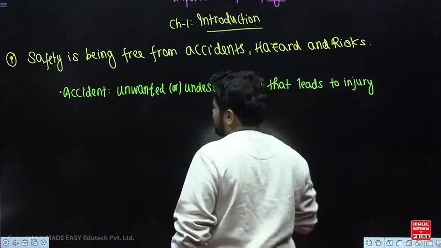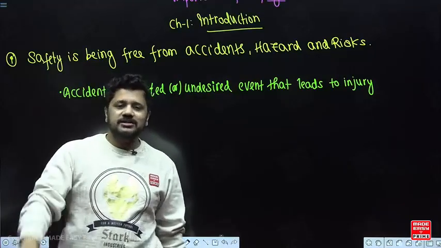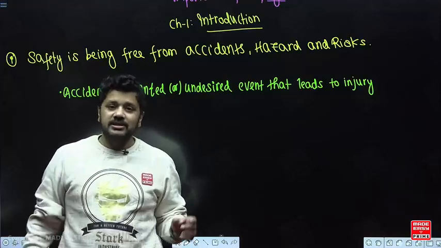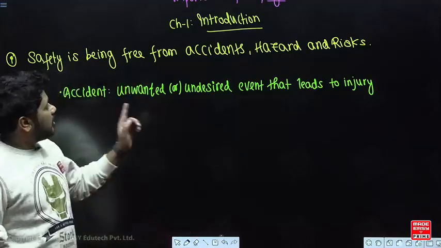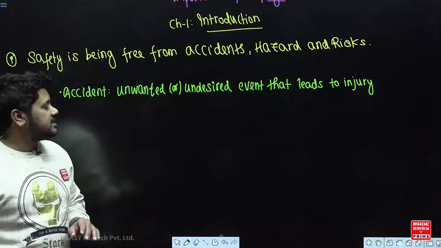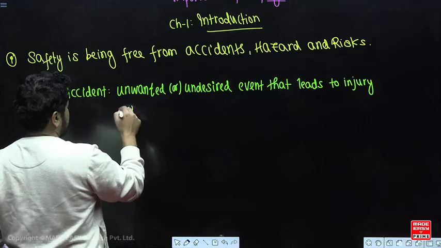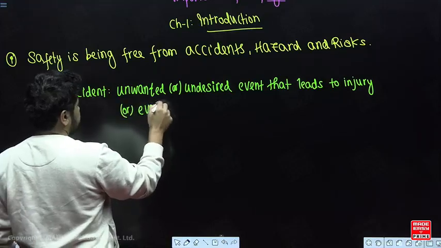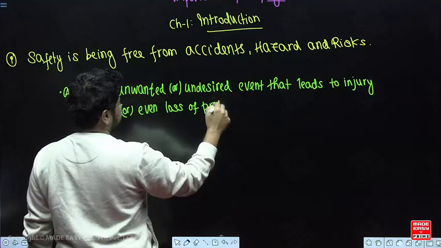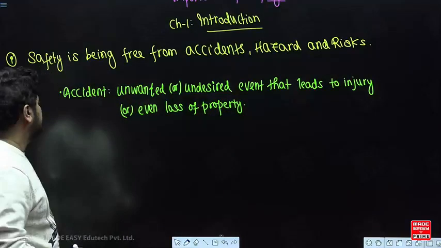Because we never know when the accident is going to happen. Nobody knows, है ना? दुनिया में कोई भी ऐसा इंसान नहीं है जिसको पता है कि उसका एक्सीडेंट होने वाला है. Nobody knows. So accident is your unwanted, undesired. कोई नहीं चाहता कि एक्सीडेंट हो, और कोई unwanted or undesired event that leads to injury or even loss of property. प्रॉपर्टी के अंदर लाइफ भी आ जाता है ना, एक्सीडेंट.